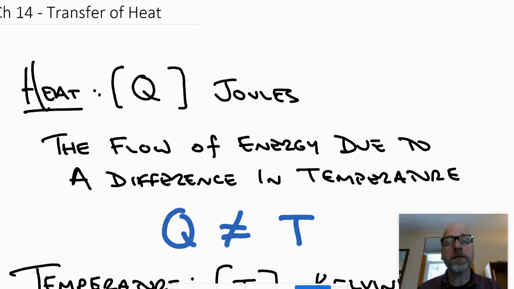In physics, heat is the flow of energy due to a difference in temperature. Heat only flows from a region of high temperature to a region of low temperature, never in the opposite direction, never.